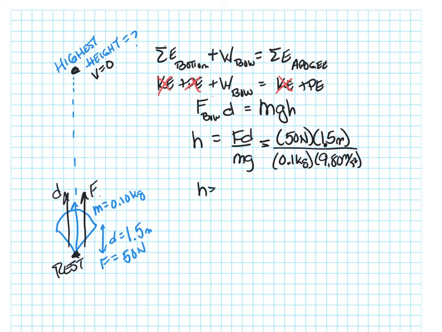And then when I actually do the math, I get a height of 76.5 meters. Okay, well that makes sense because all the energy in the bow that's put into the system is going into the arrow to give it its maximum height, where it reaches a final speed of 0.